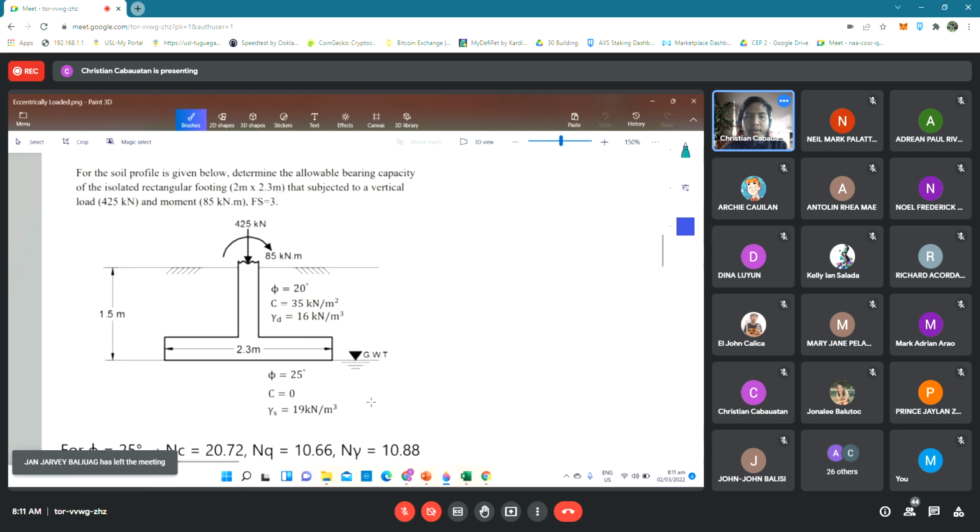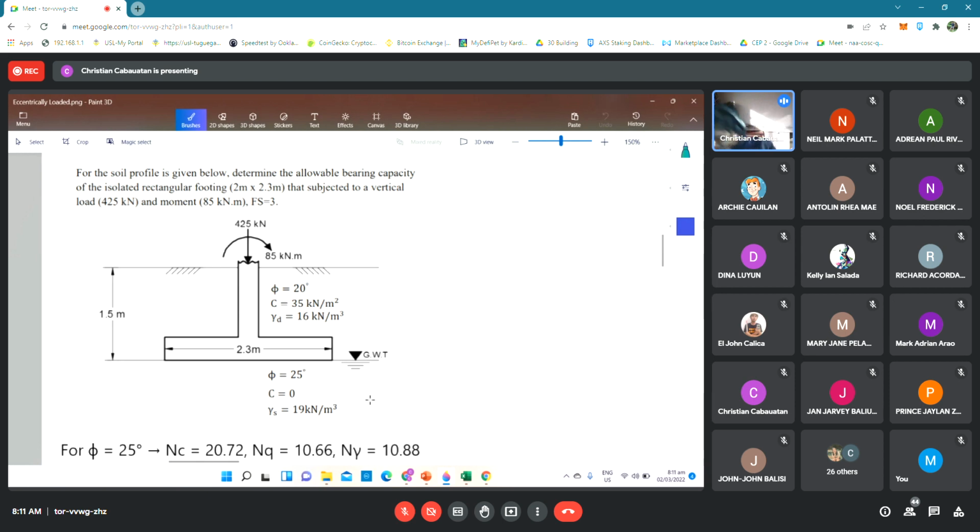Speaking of the bearing capacity factors, I just started checking some of your assessments, learning task 1, and I can see that you are not using the table. For example, the Nc in the table should be 20.72, but you are using 20.8.